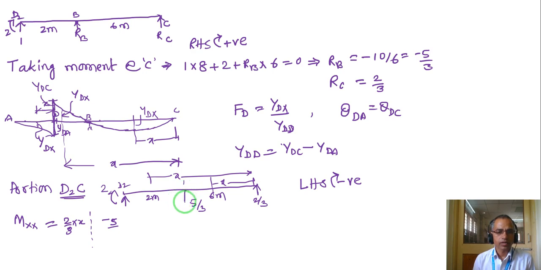So this produces clockwise moment, which is again negative. So minus 5 by 3 into this distance. This distance will be x minus 6.